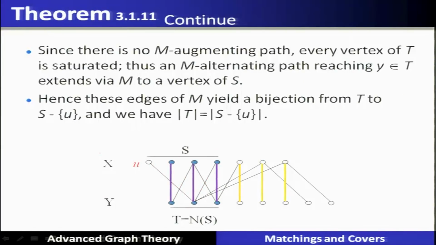Let us go ahead. There is no M-augmenting path, since every vertex of T is saturated. Thus, the M-alternating path reaching Y extends via M to a vertex of S. Hence, these edges of M yield a bijection from T to S minus u, and the size of T is the same as S minus u.